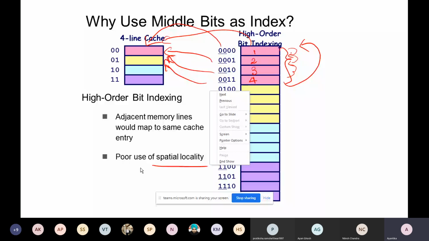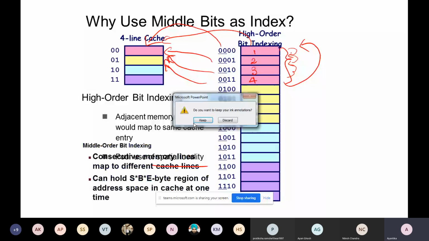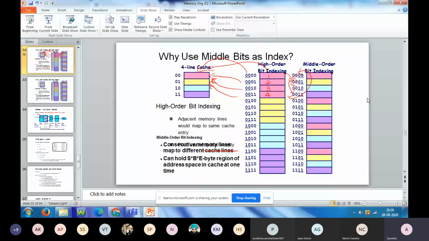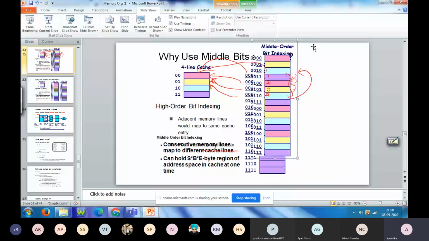On the other hand, if you do the indexing in this way, see here 0000, 0001, 0010, 0011, you are mapping them all to different cache blocks.